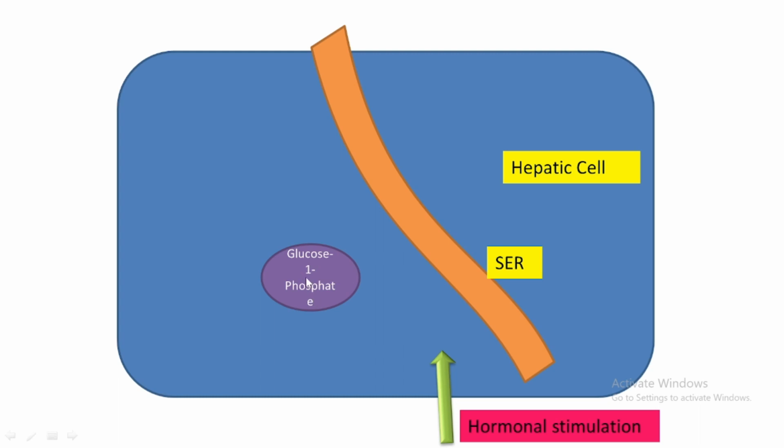Then glucose 1-phosphate is converted to glucose 6-phosphate. In all these steps, some enzymes play an important role, which is not discussed here. Then glucose 6-phosphate, with the help of the glucose 6-phosphatase enzyme, becomes free glucose. As free glucose, it can easily diffuse into the lumen of the smooth endoplasmic reticulum and be released outside the cell. In that way, smooth endoplasmic reticulum helps in gluconeogenesis. Okay.